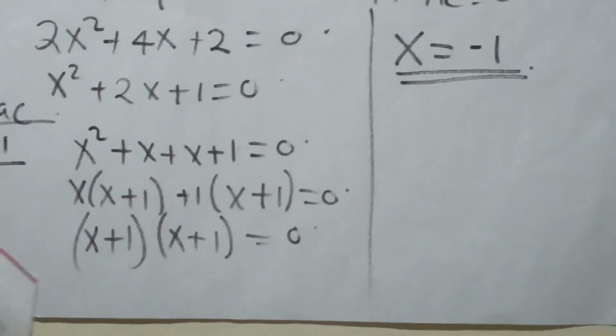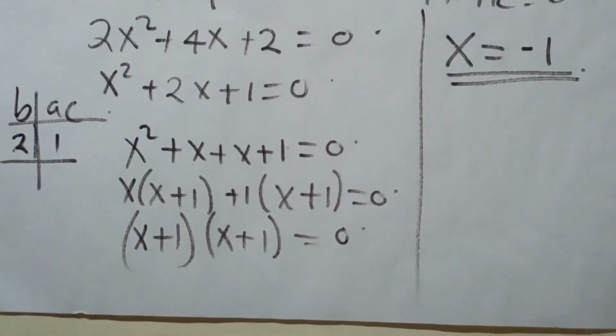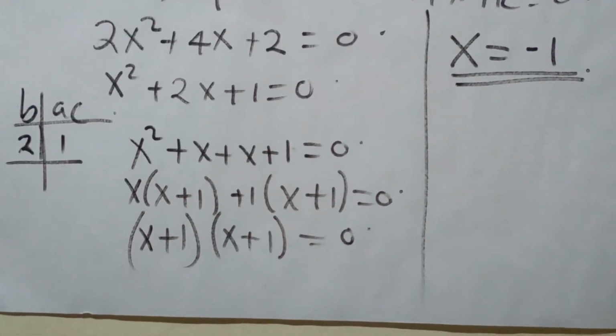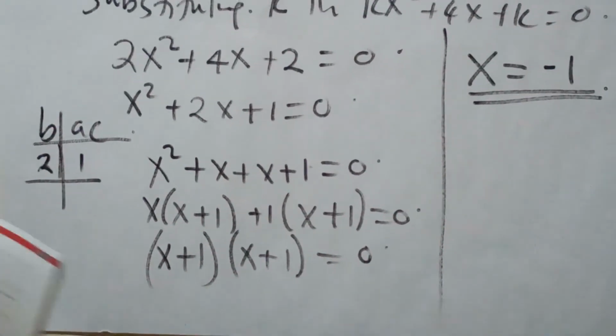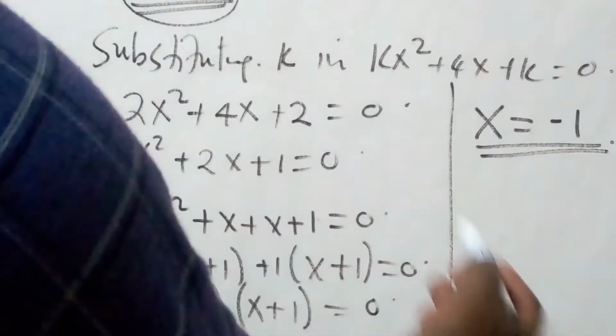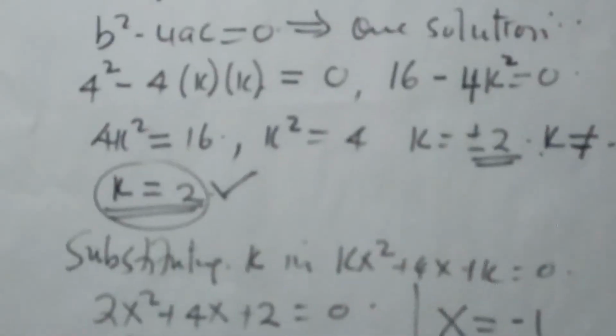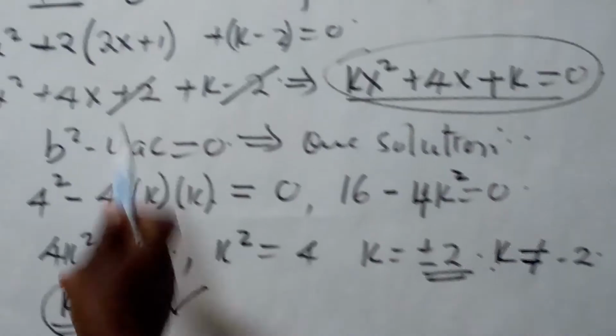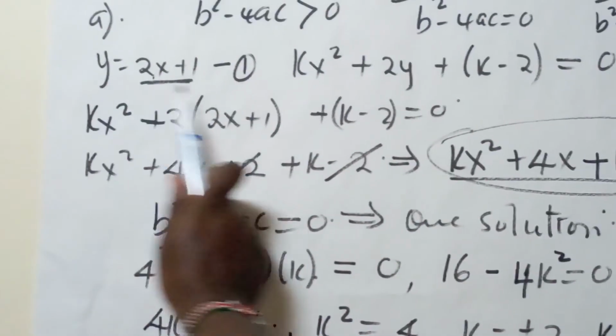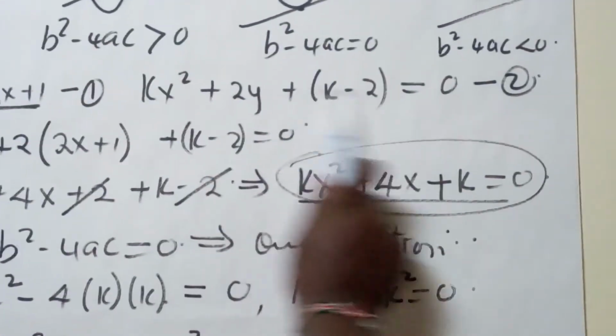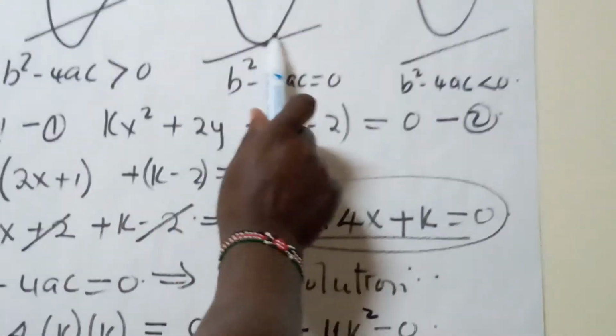There is no point talking about the other bracket, because it is also going to give a repeated root. And sure enough, when k equals 2, you have a repeated root, meaning that this linear graph meets this quadratic graph at only one point.